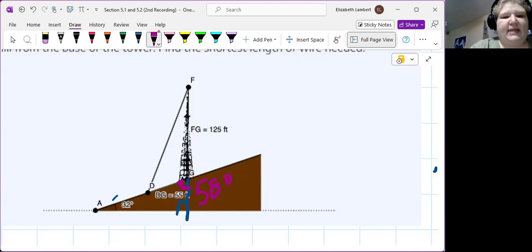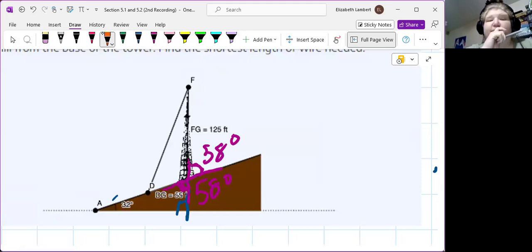Now, when you're looking at this, it's like two lines intersecting, a straight up and down line through the tower, and then the inclined line. So that 58 degrees we got there is also up here. Now, when I look at my wonky triangle, I know the 55 feet, I know the 125 feet.